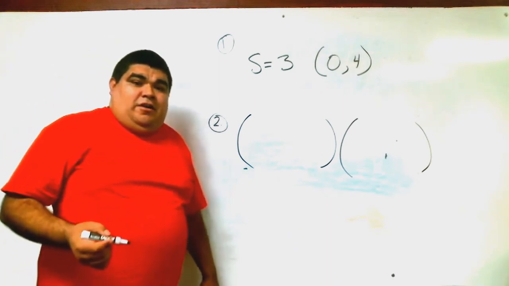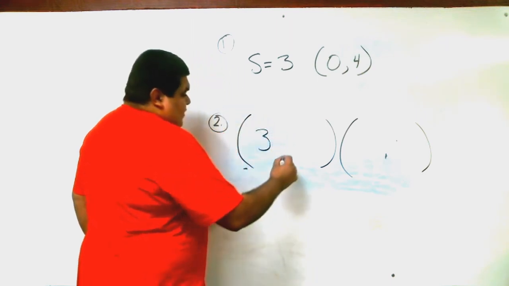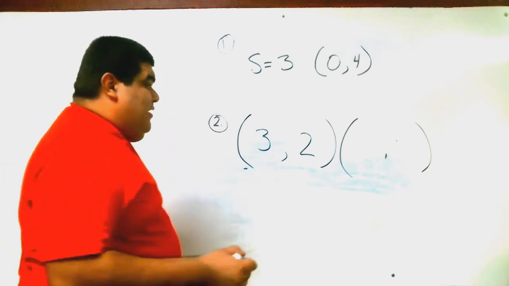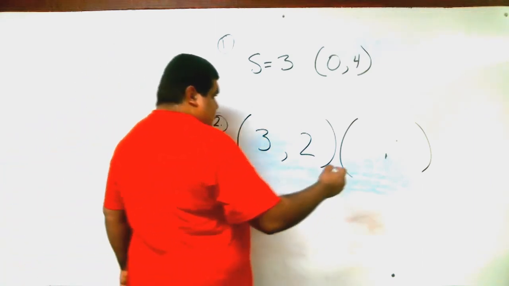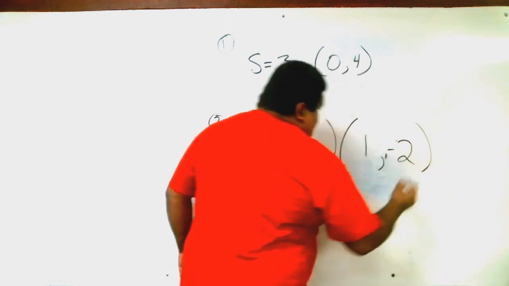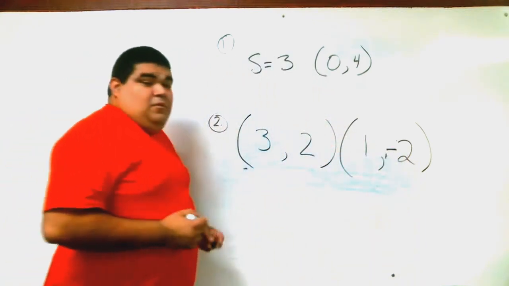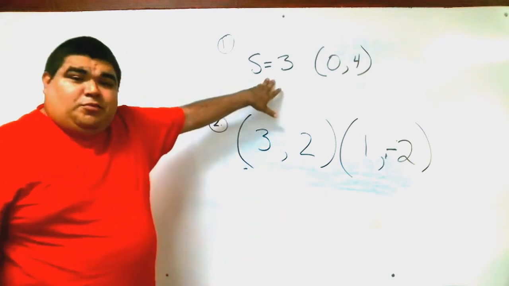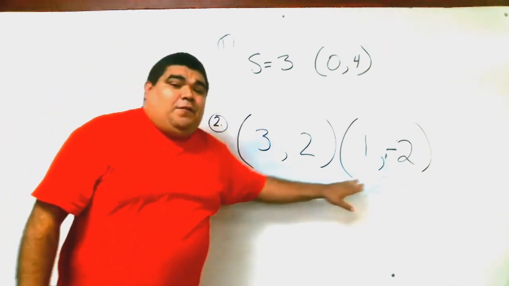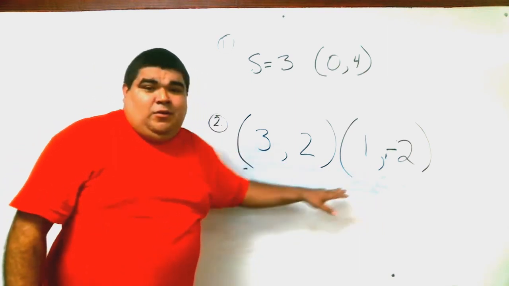Your points are 3, 2, and 1, negative 2. In the first one, the slope's already found for you. For the second one, you have to find the slope first from last class. Then pick one of the 2 as your coordinate with your slope.